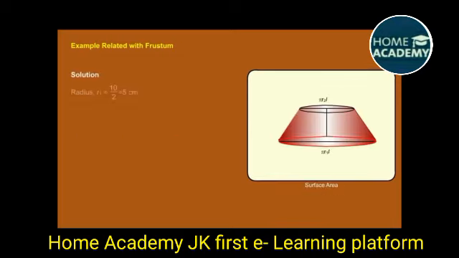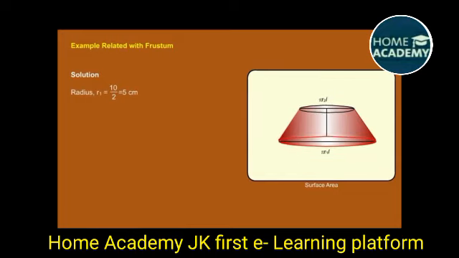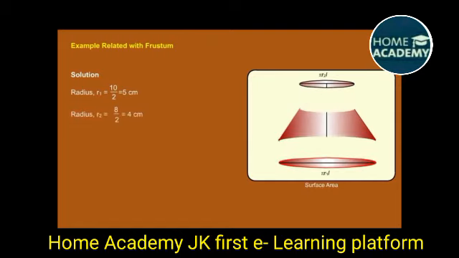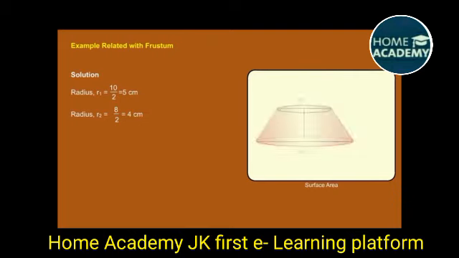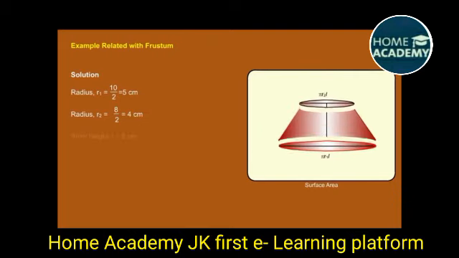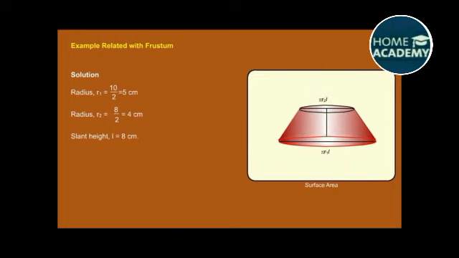Solution. Radius R1 is equal to 10/2 is equal to 5 cm. Radius R2 is equal to 8/2 is equal to 4 cm. Slant height L is equal to 8 cm.